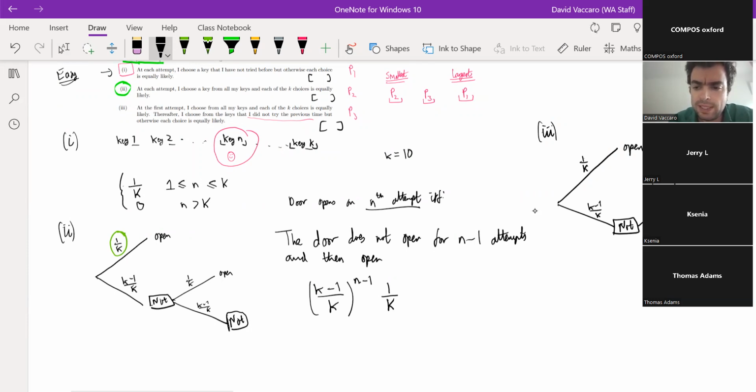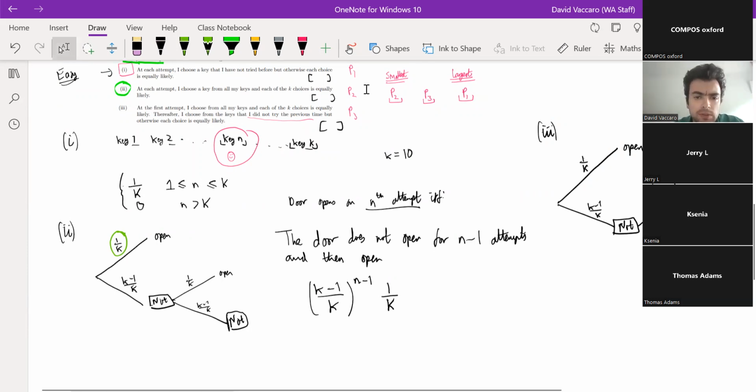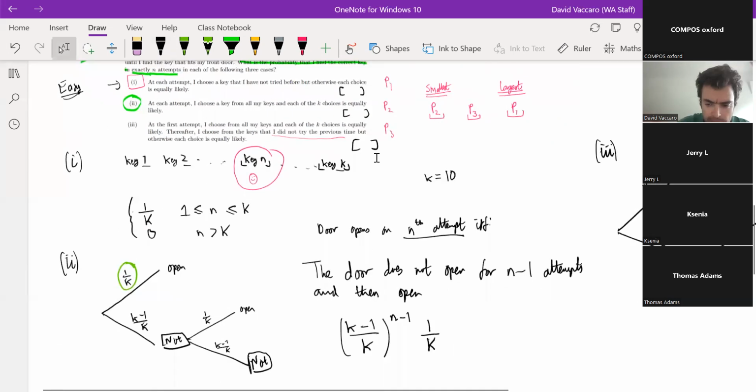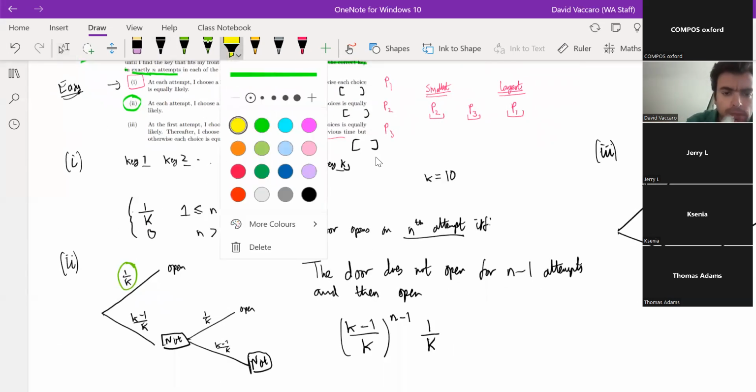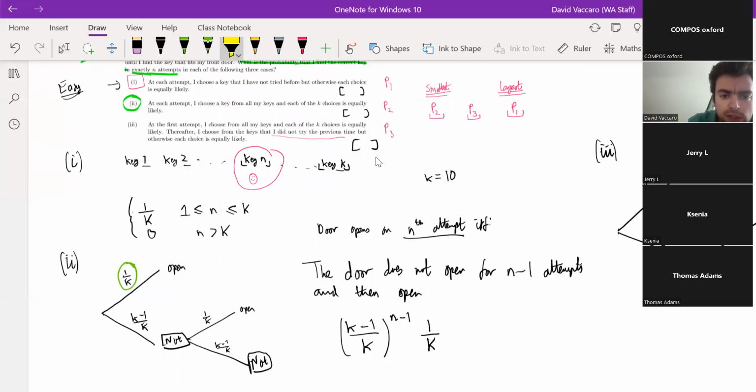What's the probability that the door opens on the second attempt? And remember the strategy that the person is using. So I choose a key that I did not try the previous time.